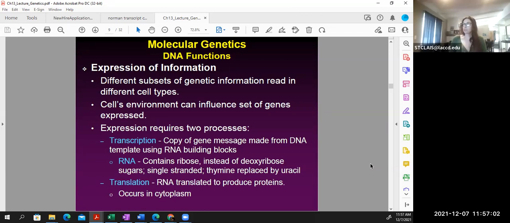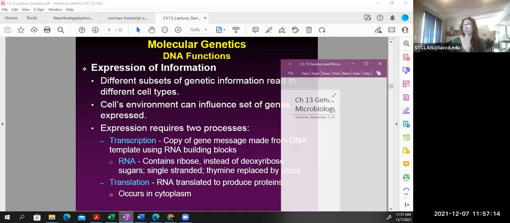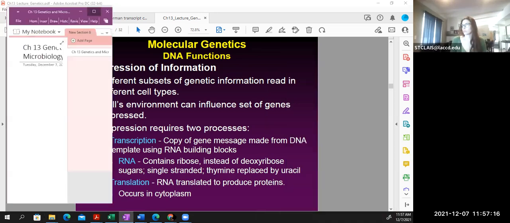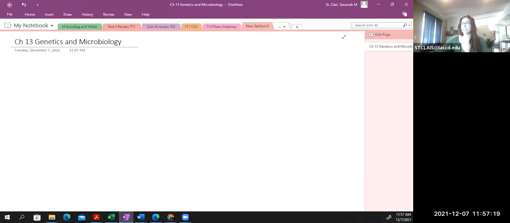Okay, so the first thing is going to be that DNA is transcribed to RNA, and then RNA will be translated to protein. So this is sometimes referred to as the central dogma of molecular biology.